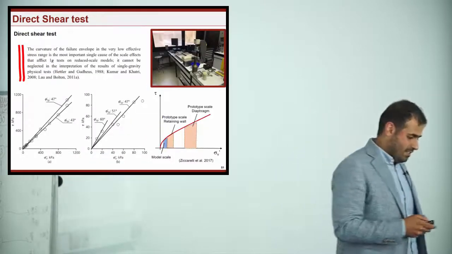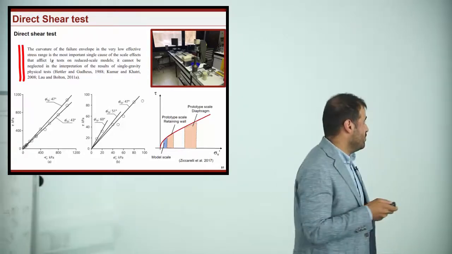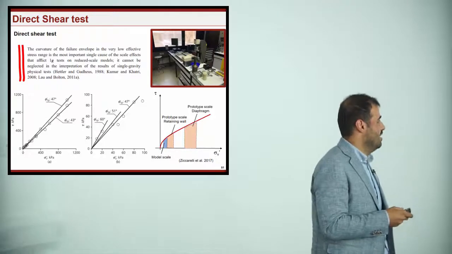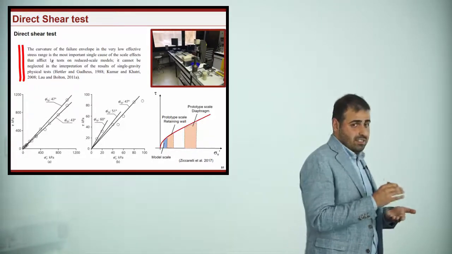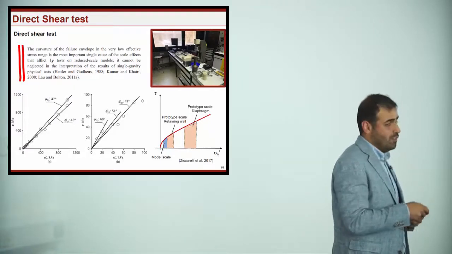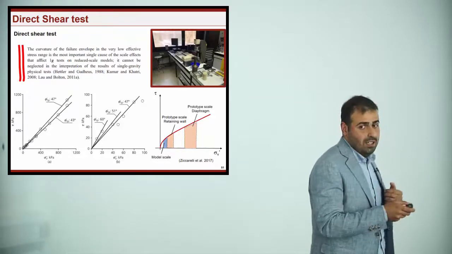Another characteristic test that we did is the direct shear test at very small vertical stress, because in the physical model you know that the level of stress is not so high, so we have to take into account that the envelope of the failure criterion is not linear, but has some curvature.